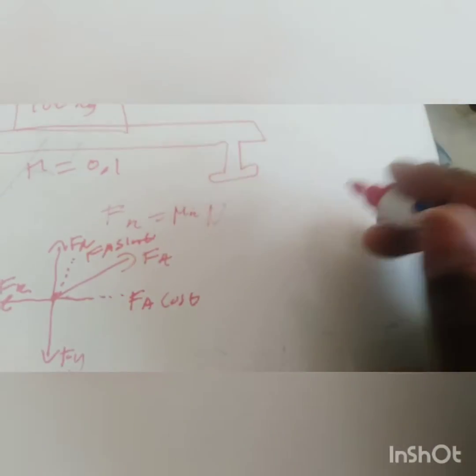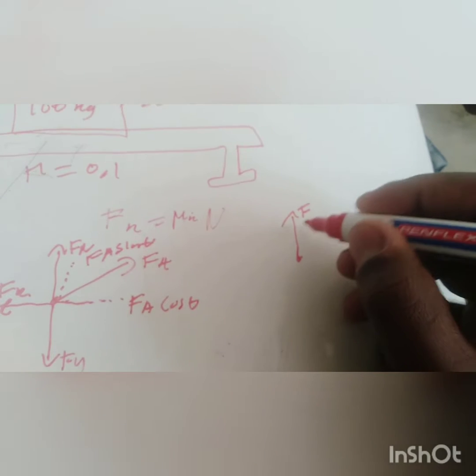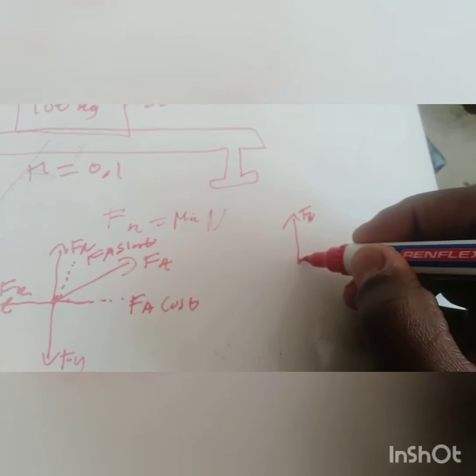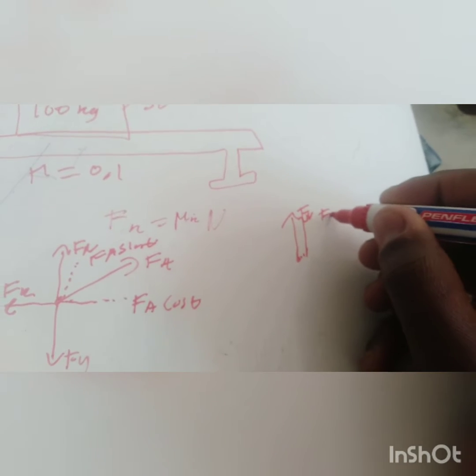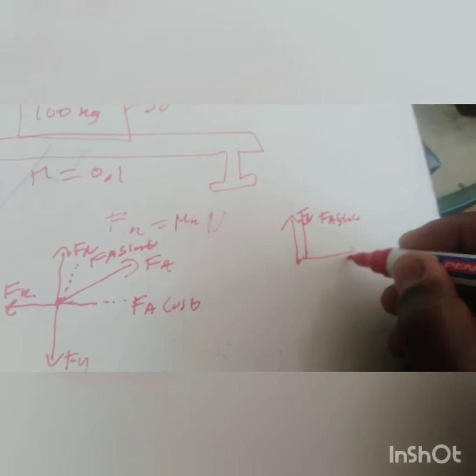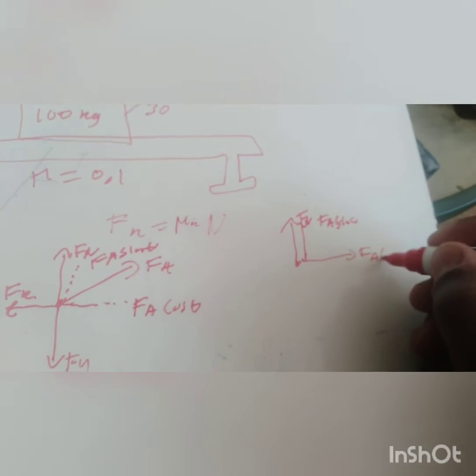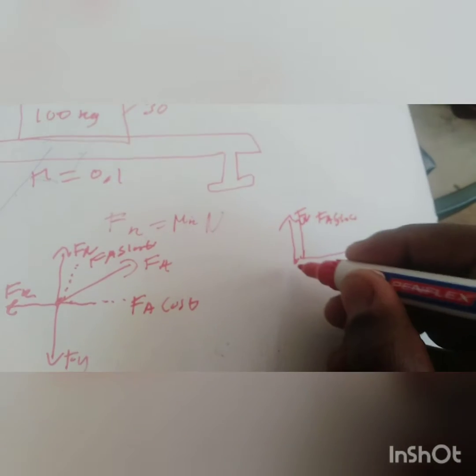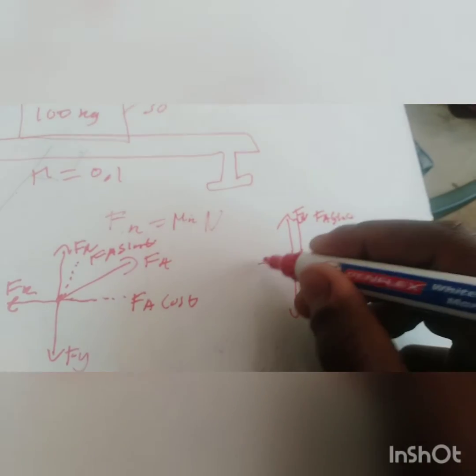If I redraw this, we've got the normal force, and at the same time this side we've got the horizontal component, and there we've got the vertical component, Fa sine theta, and then the gravitational force. This side we've got Fk.